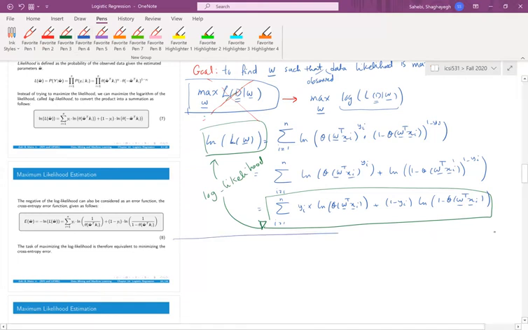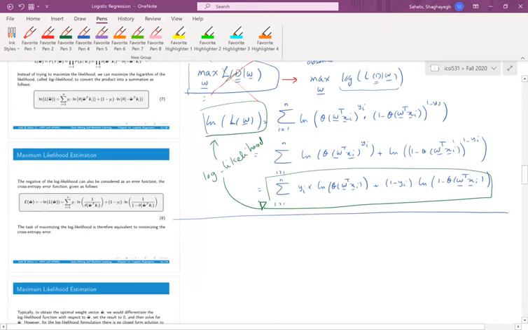If I want to find a W that maximizes ln of L of W, and rewrite this as a minimization problem, what can I do? I can say the W that maximizes this function is equivalent to the W that minimizes the negative of that function.